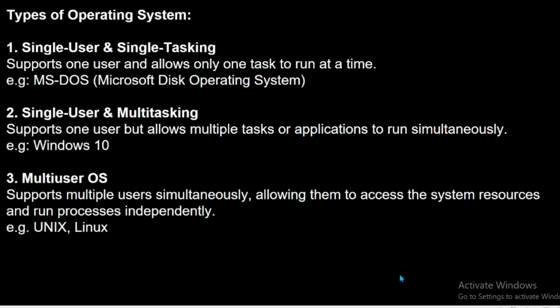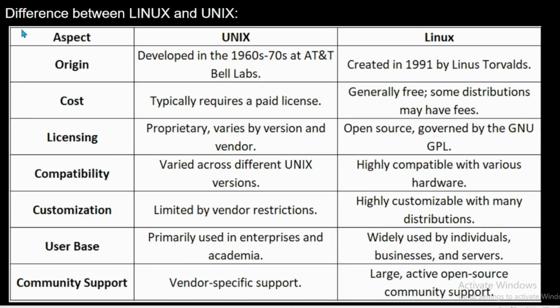Now, let us understand the Unix in detail. Another thing, presently we're using Linux. So how are Unix and Linux different from each other? Linux, I can say, is more popular because it is open source.